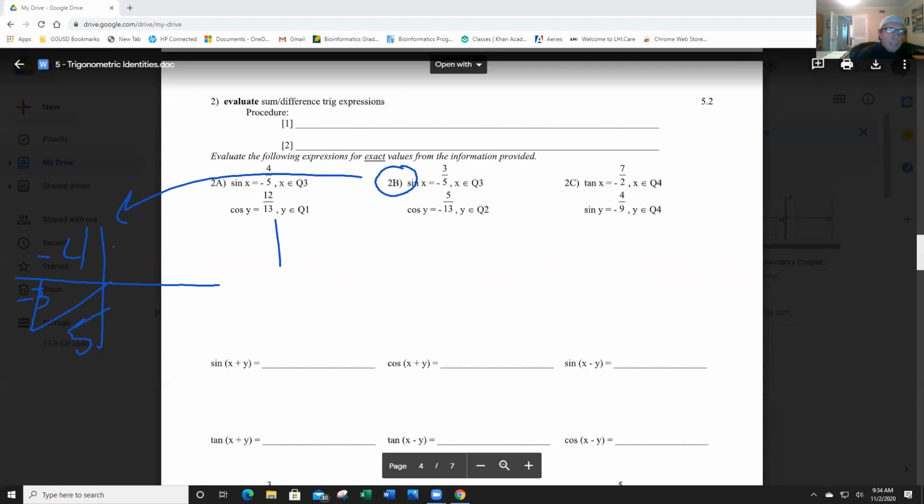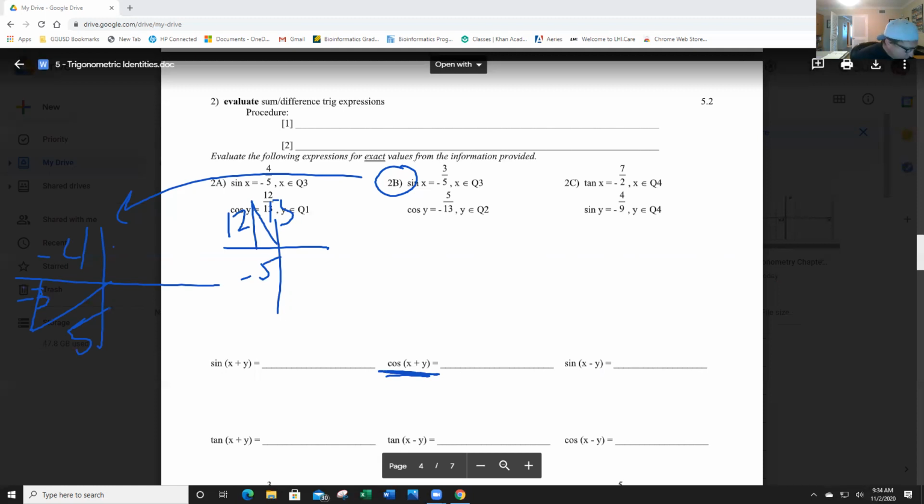The other one is a 5, 12, 13 again, and it's in quadrant 2, so that's -5 for the cosine, 12 for the sine, 13. There it is. I need to do cosine x plus y.